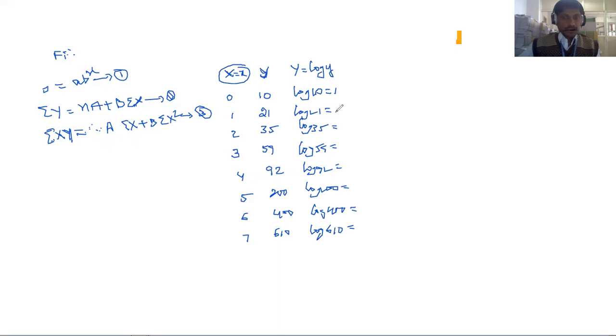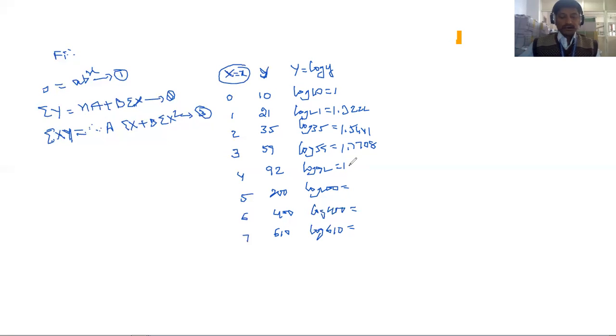So log 21 is nothing but 1.3222, and this is 1.5441 and 1.7708. Of course, keep your calculator in fix mode, which means you can choose 4 or 5 digits after the decimal, otherwise you get a number of values after the decimal.